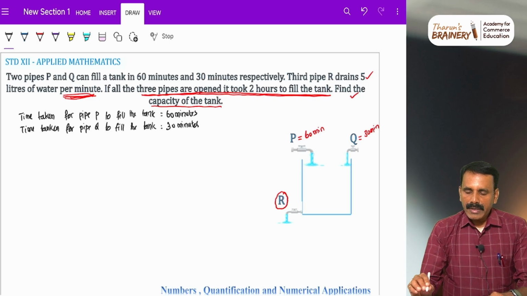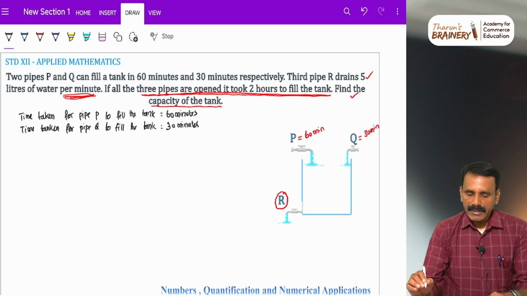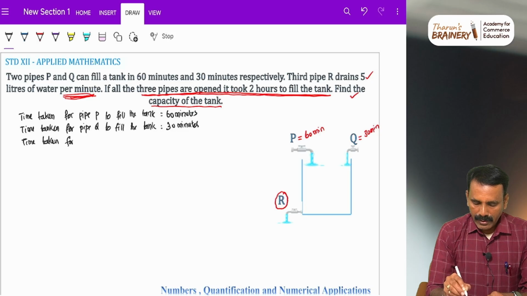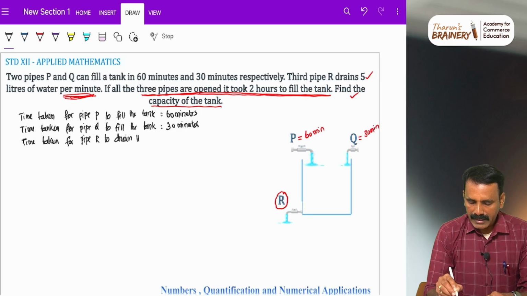And we do not know the rate at which the pipe is going to drain the water from the tank. So, we assume time taken for pipe R to empty the tank will be x minutes.